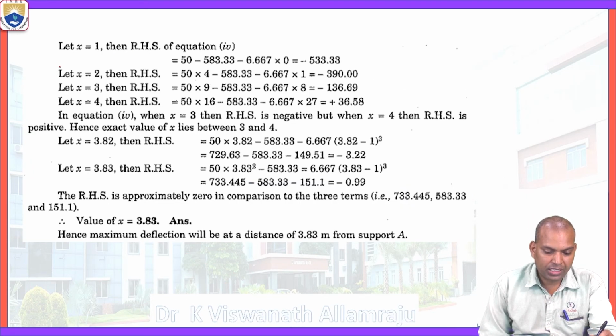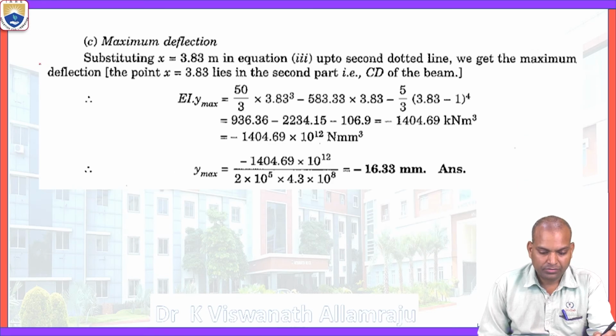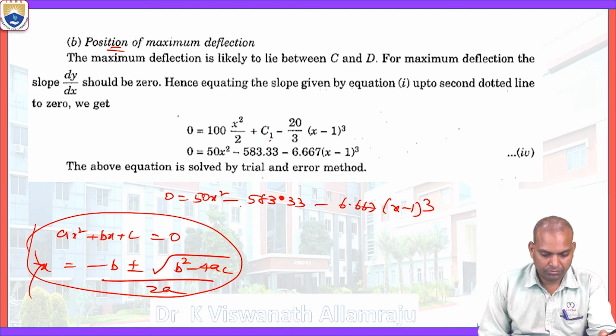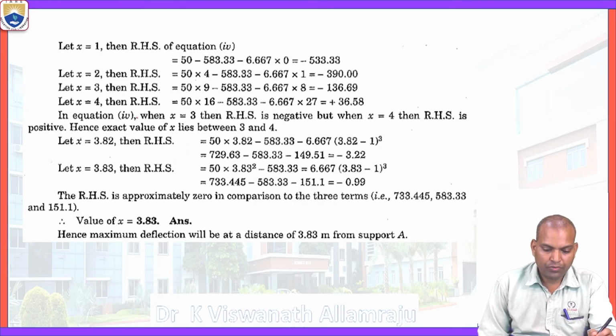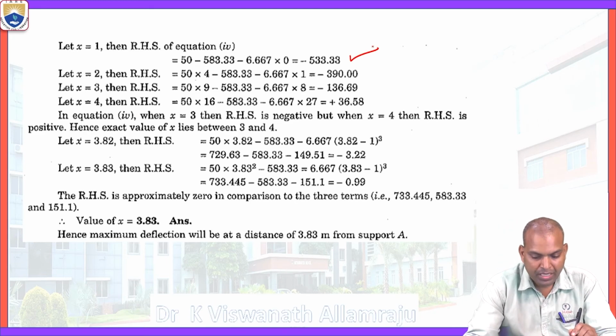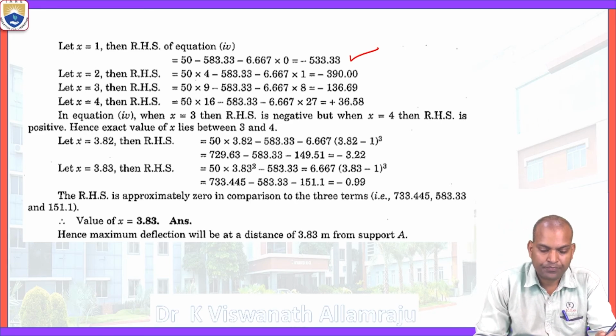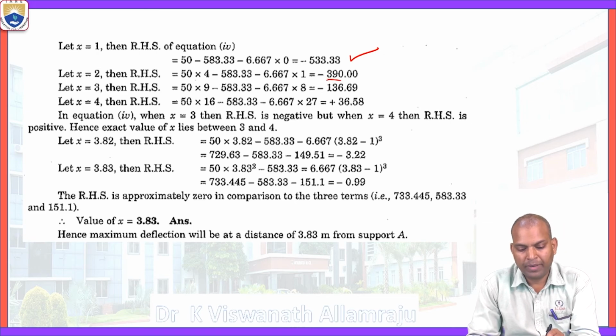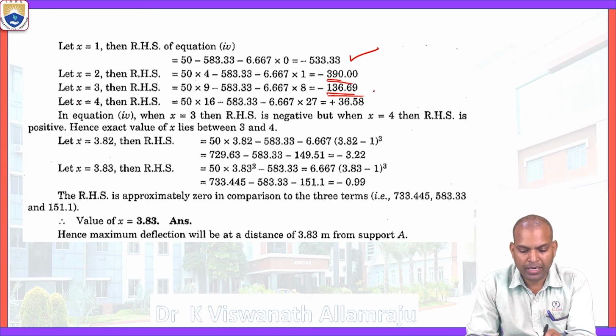So substitute x equal to 1, such that we get LHS equal to 0. By substituting x equal to 1, we got the value of minus 533.33. If we substitute x equal to 2, the value came minus 390. X equal to 3, minus 136.